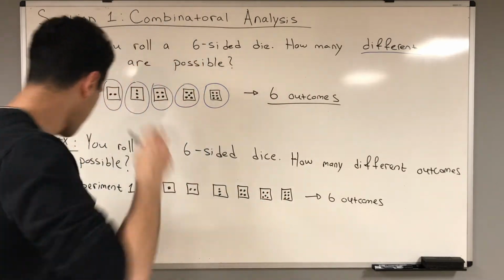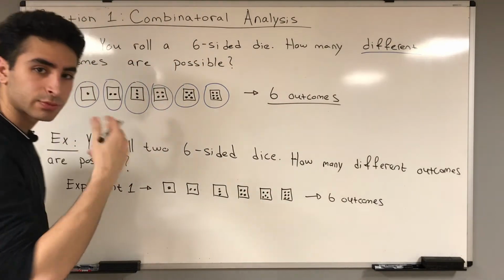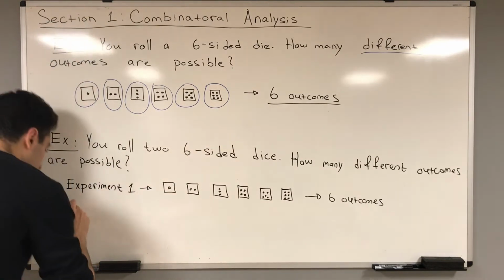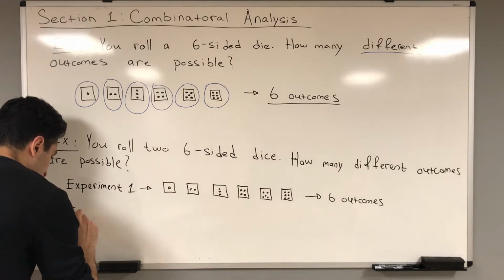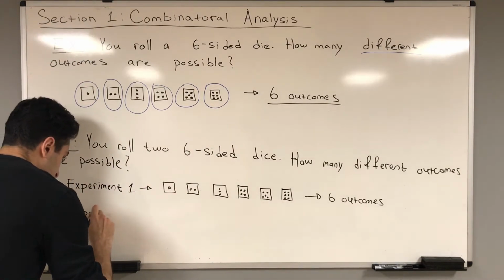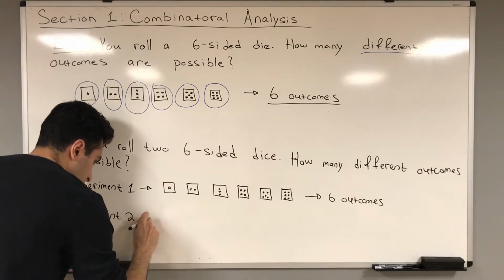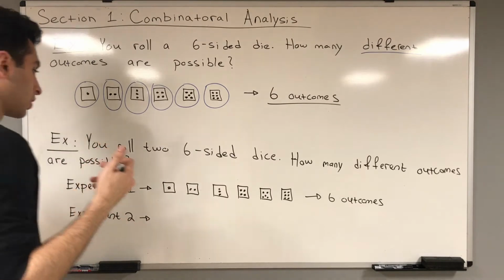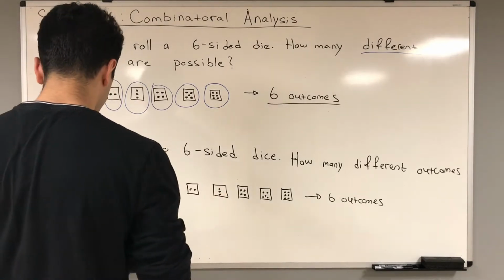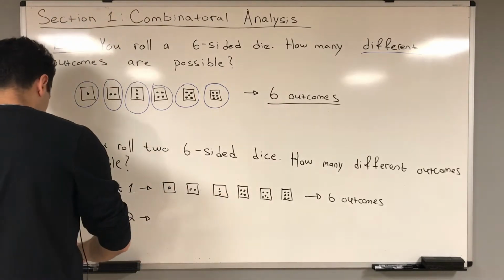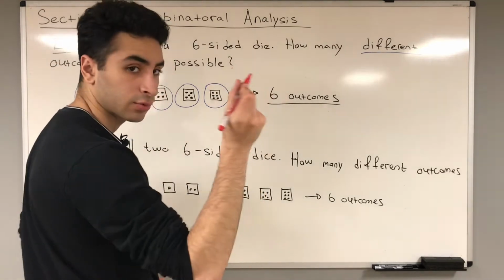I'll leave it there. And your experiment 2, well, you roll your second six-sided die, and I'll draw it with a red marker.